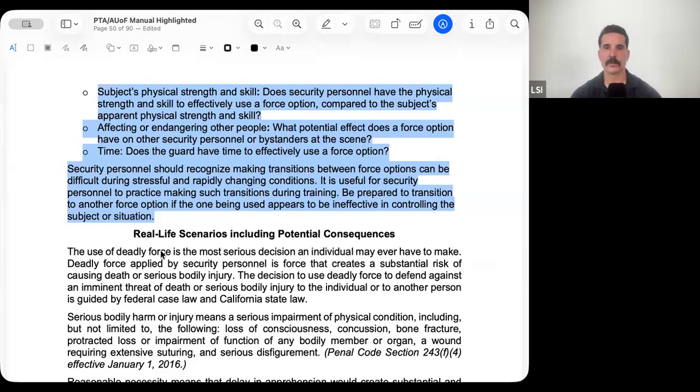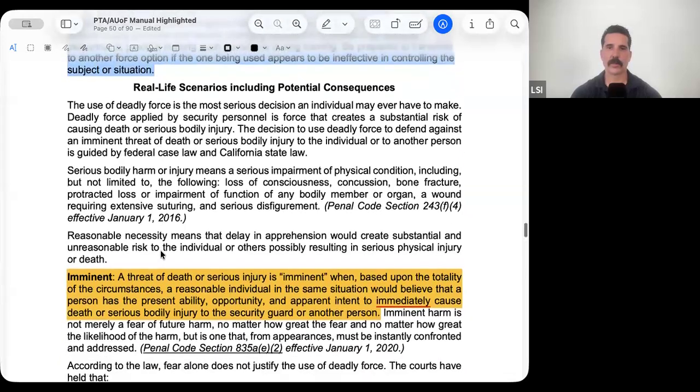Does the guard have time to effectively use a force option? Security personnel should recognize making transitions between force options can be difficult during stressful and rapidly changing conditions. It is useful for security personnel to practice making such transitions during training. Be prepared to transition to another force option if the one being used appears to be ineffective in controlling the subject or situation.